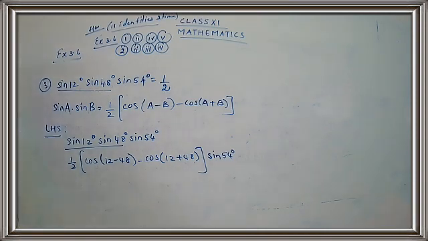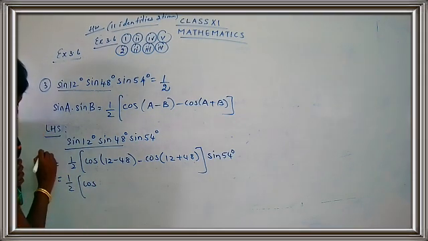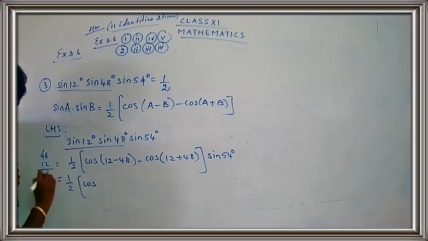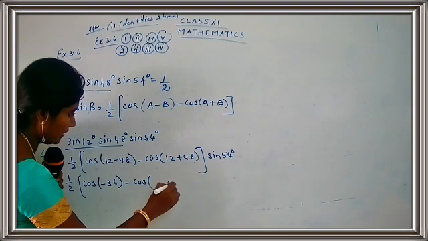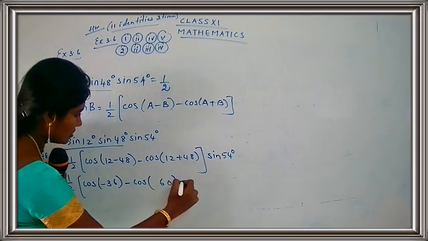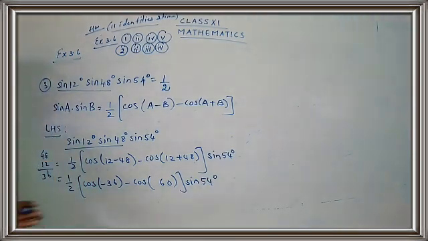Let's simplify it further. This is equal to half of cos of minus 36 minus cos of 60, times sine 54 degree. I am not doing anything to sine 54. I am just changing this. So it's half of cos minus 36 minus cos 60.